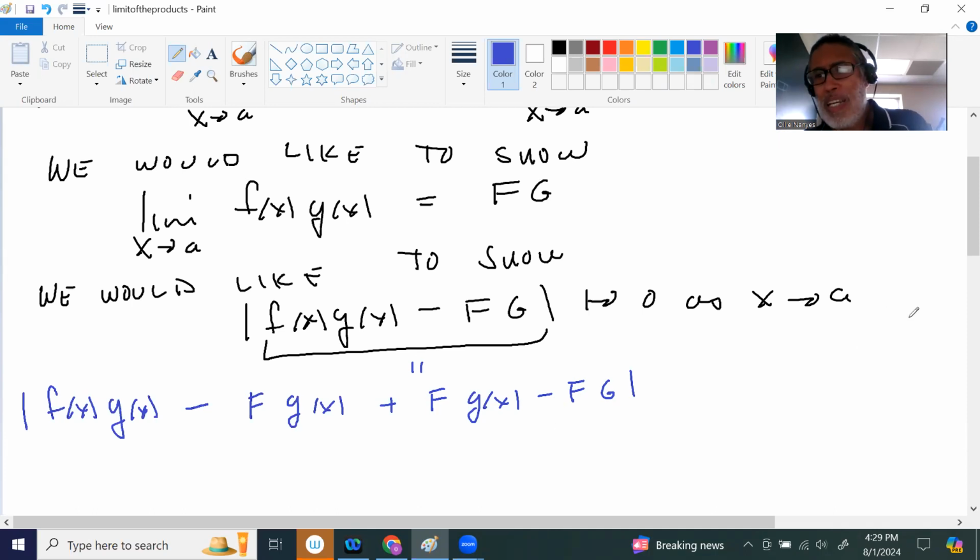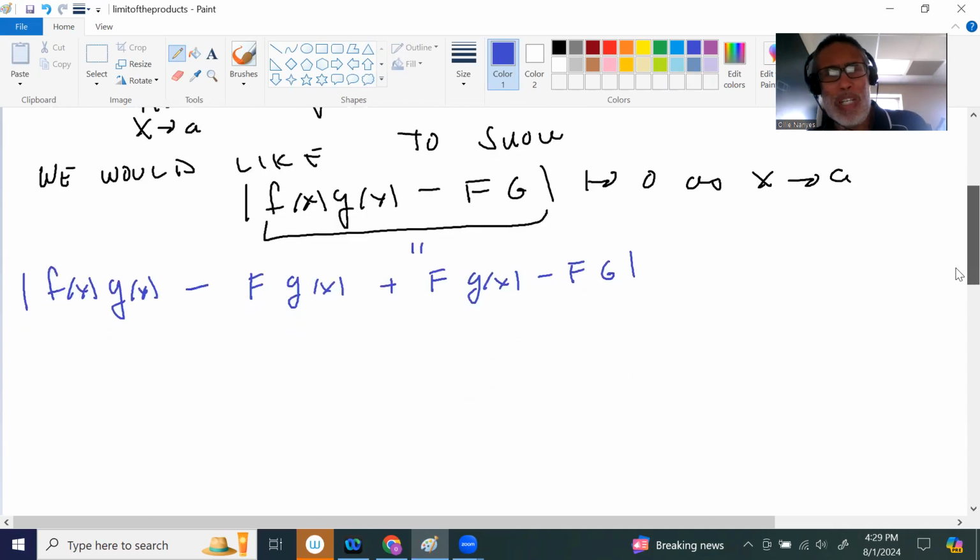Now, the next thing we do when we're examining this is use the triangle inequality.